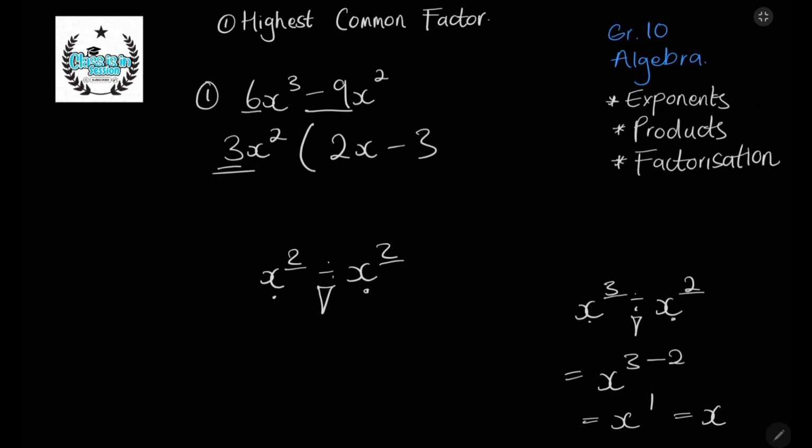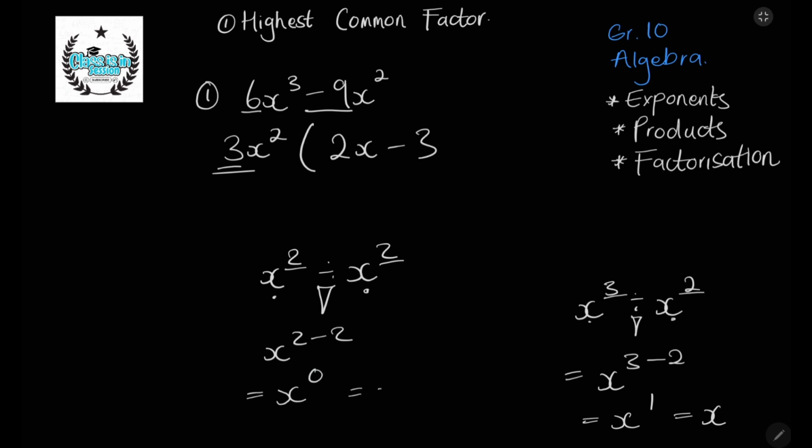However, we don't really have to show the steps when we factorize. We just give them the final answer. So it's x squared divided by x squared. You have two terms that are divided, therefore we subtract the exponents. 2 minus 2 is 0.